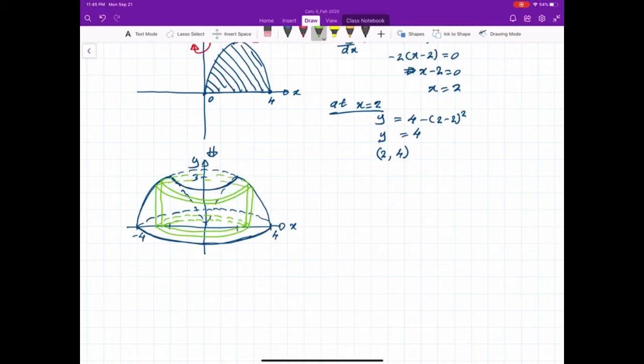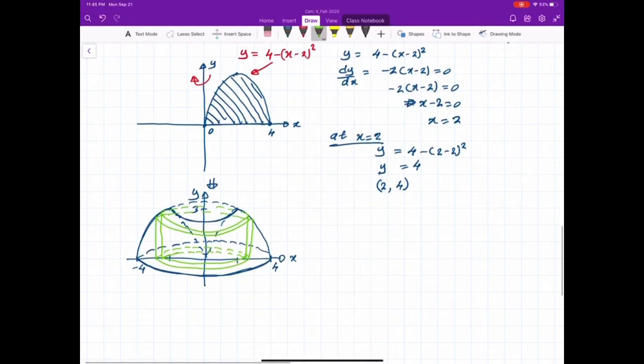Okay, that's the shape of the cylinder. If we cut cylinders on this object, if I make the same cylinder here, it will look like this.